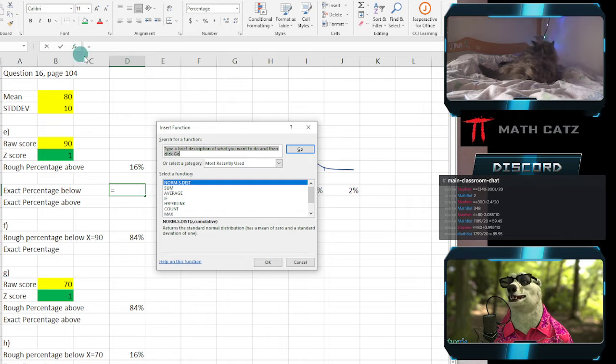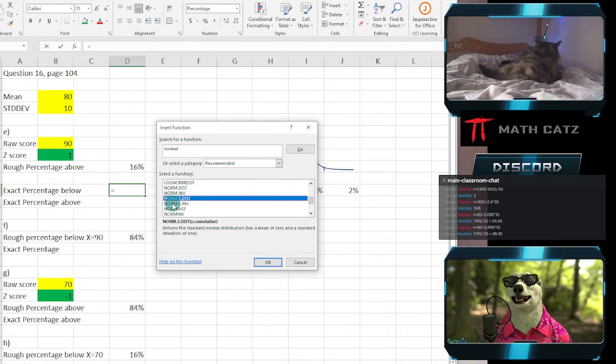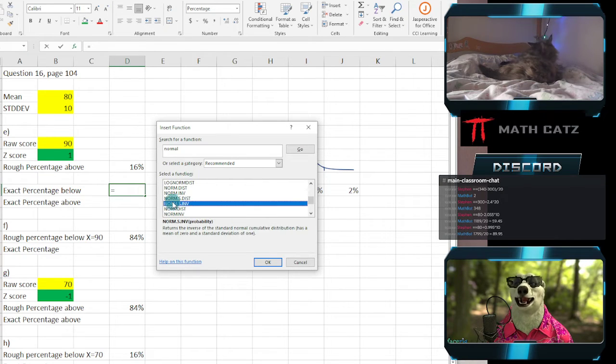We can click on the insert function button there, and search for normal. It's a normal distribution, and a whole bunch of things come up. I'm looking for the norm.s.dist and the norm.s.inv, depending on which way I want to go.